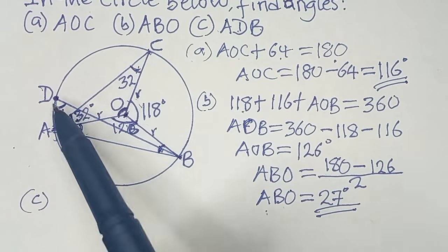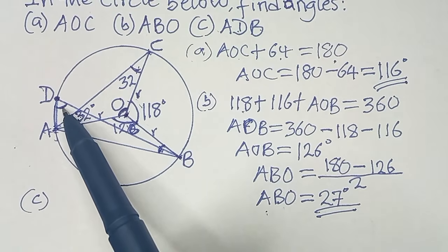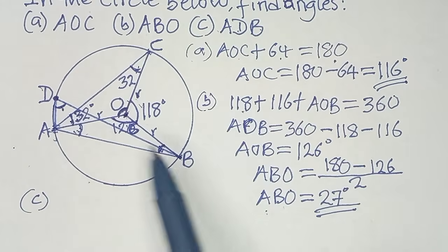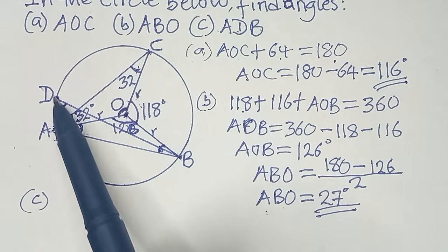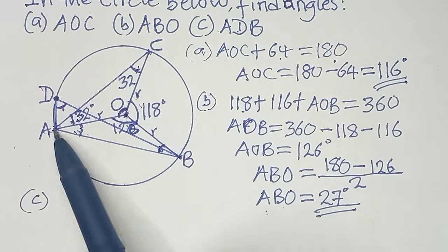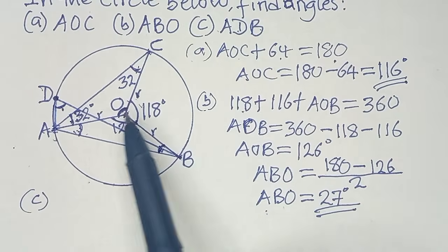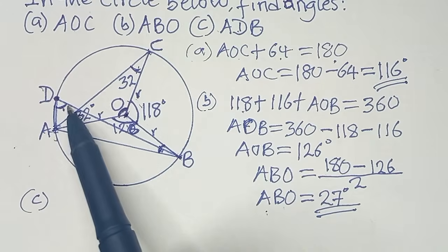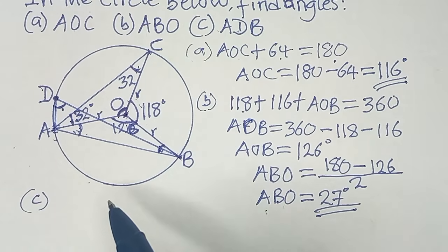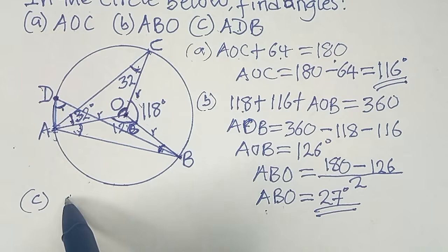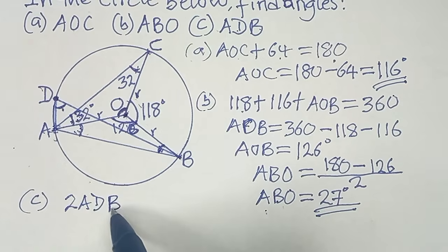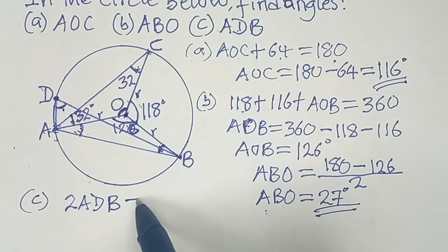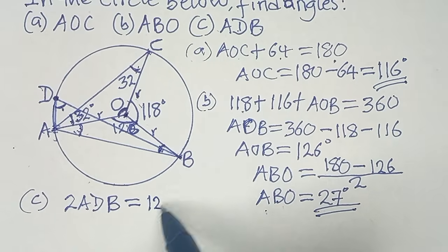Provided we have lines coming from the same points, one pair going to the center and another pair going to the circumference, we should recollect that the angle at the center is twice that at the circumference. So twice the angle at the circumference, which is twice ADB, because ADB is the angle at the circumference, is equal to the angle at the center, which is 126.